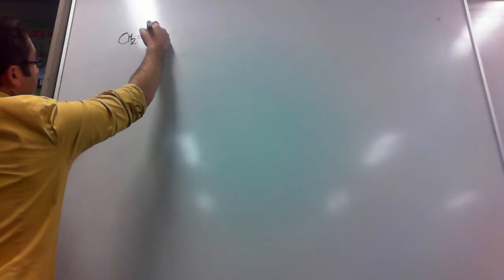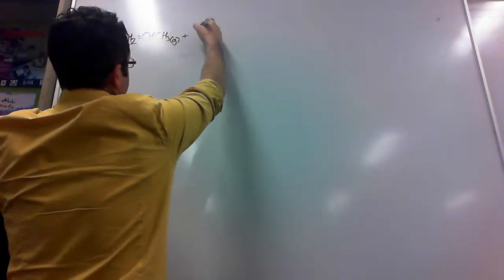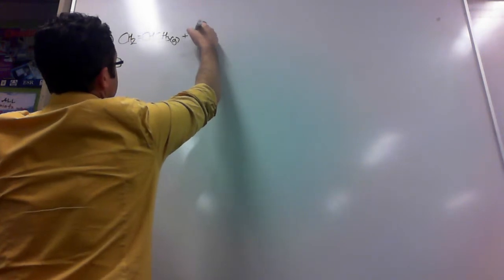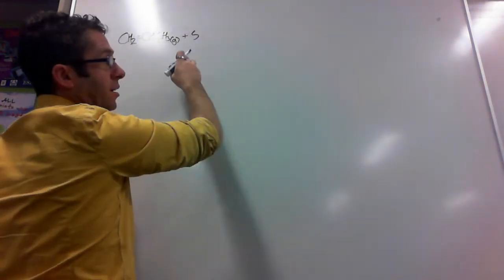Okay, my way of doing a question like this is I start with the equation I want at the top. And I'm hoping that I'll make it down the bottom as well. So I've got my CH2, CH3. Sorry, 5 there.